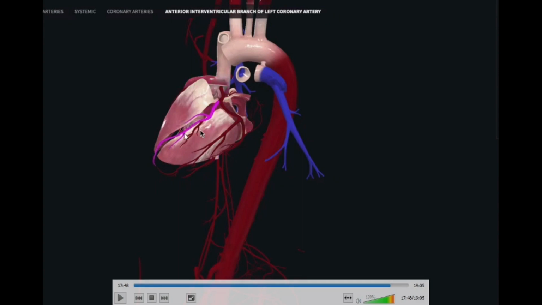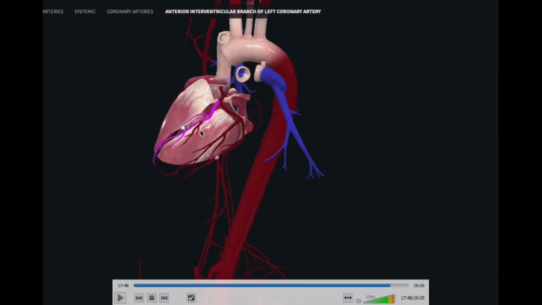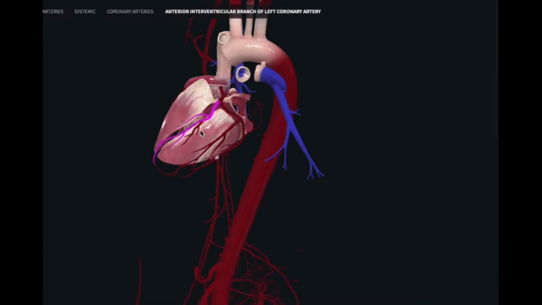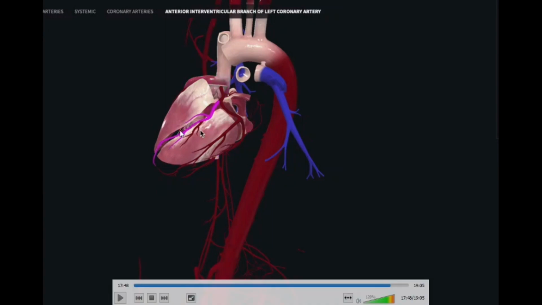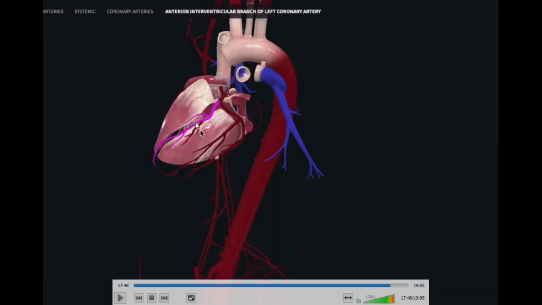If there is a blockage due to these reasons in the coronary artery, especially in the LAD, the blood supply to the myocardium is blocked, and when blood does not go into the myocardium, the myocardial cells are deprived of oxygen, which results in the death of the myocardial cells, or heart muscle. That results in compromised heart function, which can lead to the death of the patient. So the LAD is the most important artery, and occlusion or blockage in it results in myocardial infarction, or heart attack.